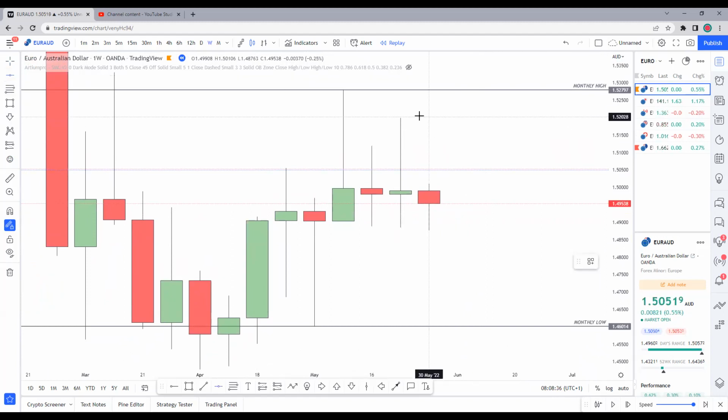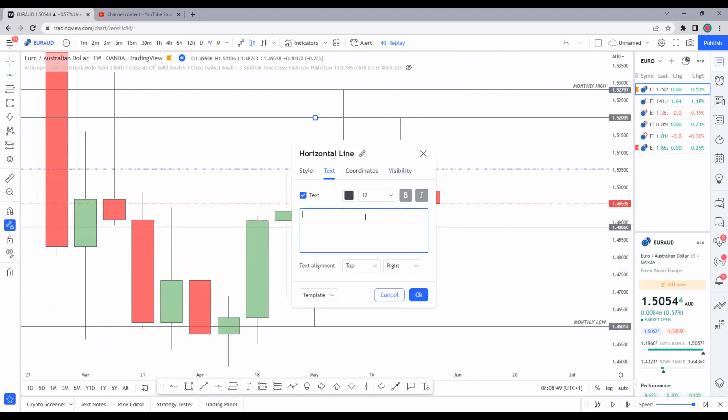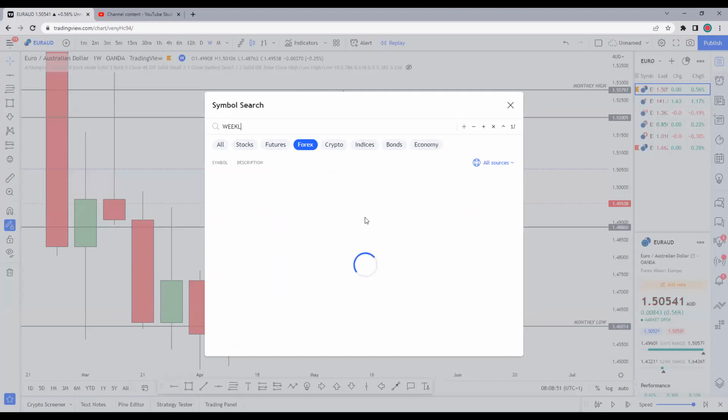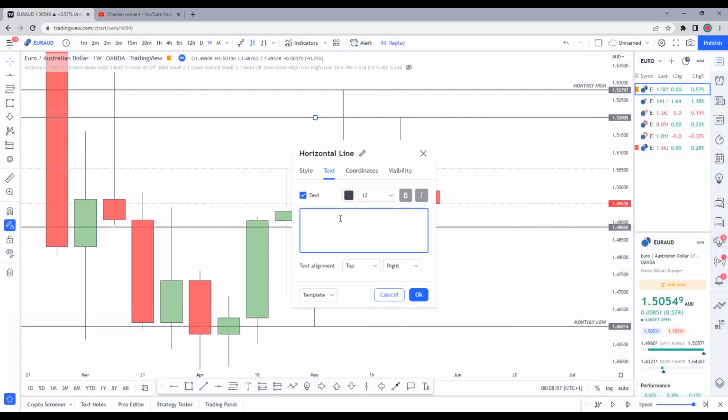I'm going to look at this candle here. A lot of indecision candles in this, but we'll break it down. So that's the weekly high.